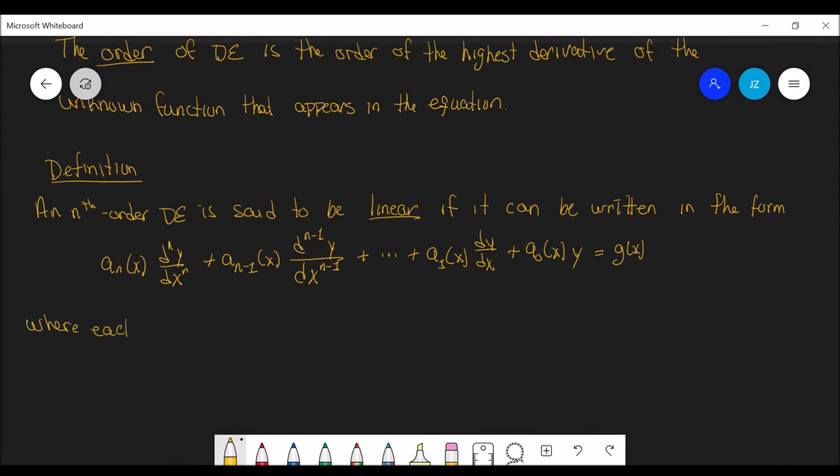Where each of these a_i's and g are functions of x, and y is the unknown function.